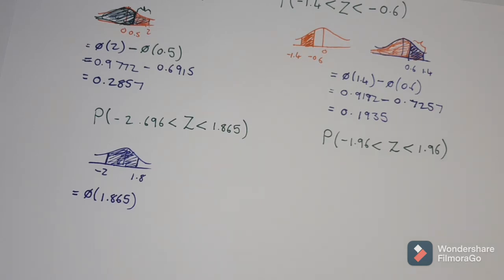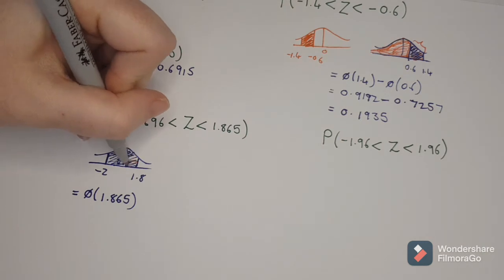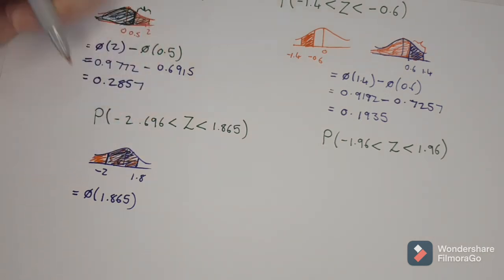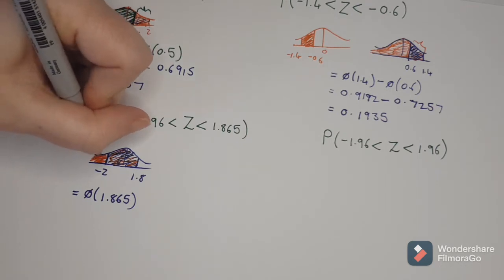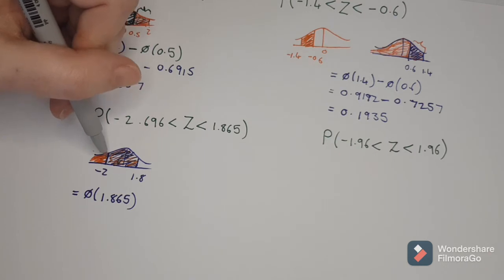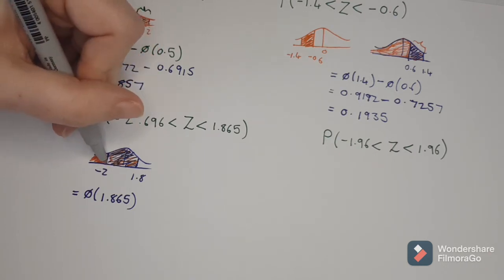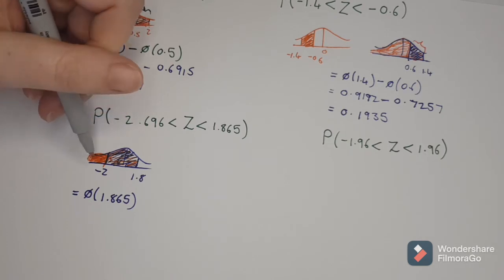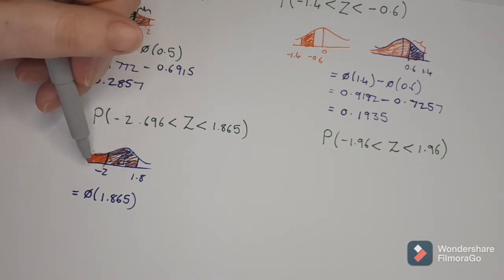Now if I read it off the curve, it's going to give me all of this area that I want, but it's also going to give me this area. Now this area I want to exclude. This is from my negative 2.696 onwards to the left. I want to get rid of that. So I can see that's on the negative side.